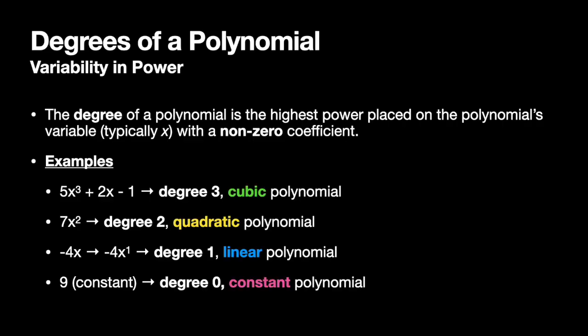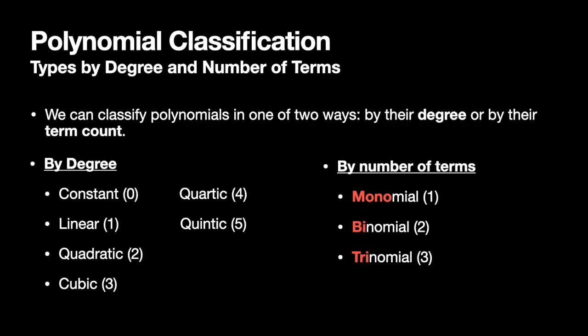And then we give some names to different degrees of polynomials, which you'll see in a second, but here are what each of them are called. So we can classify polynomials in two different ways, by their degree or by their number of terms, or term count. So by degree, if you have a polynomial of degree 0, we call it constant.